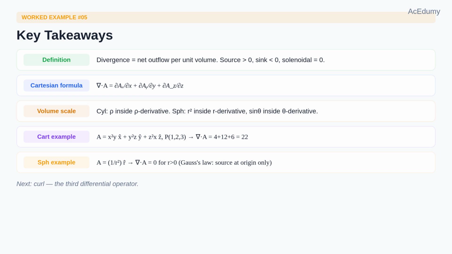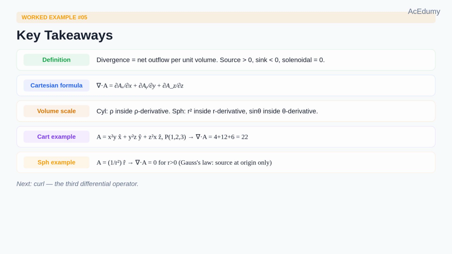That is the part students miss most. Two answers. Cartesian, A equals x squared y x hat plus y squared z y hat plus z squared x z hat at P (1, 2, 3). Divergence equals 22. Spherical, A equals 1 over r squared times r hat. Divergence equals 0, anywhere away from the origin.